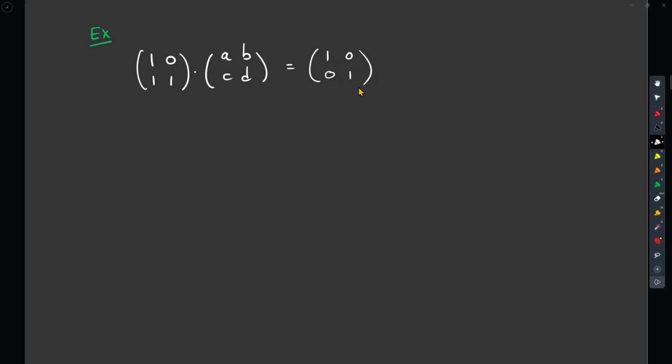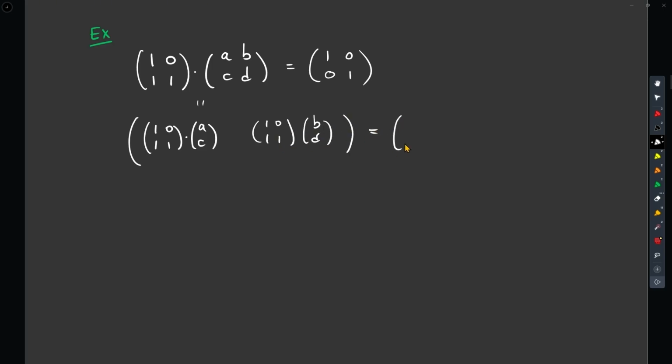By the very definition of multiplication of matrices, 1, 0, 1, 1 times AC is the first column, and 1, 0, 1, 1 times BD is the second column, equal to 1, 0, 0, 1.